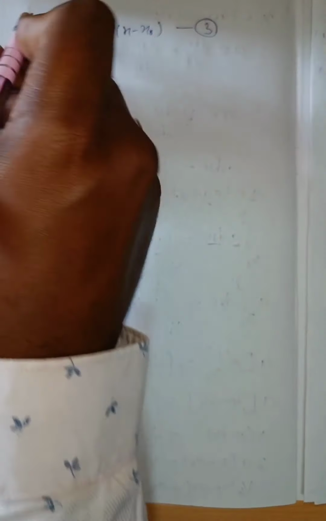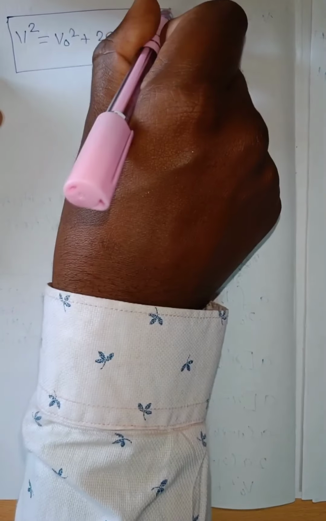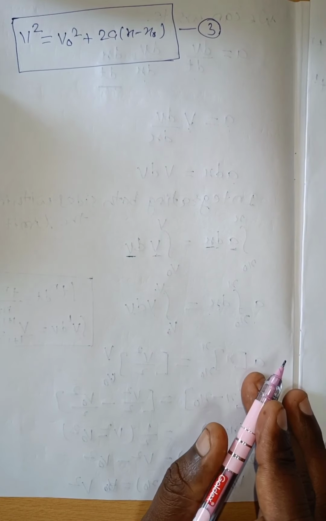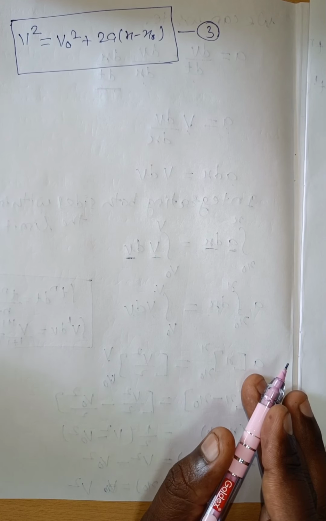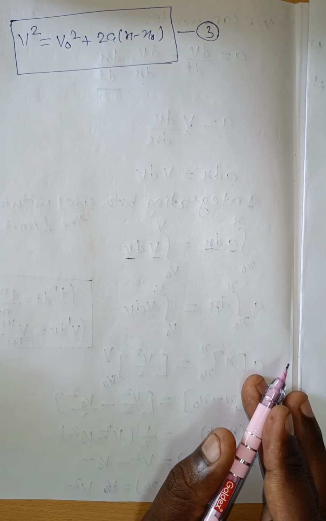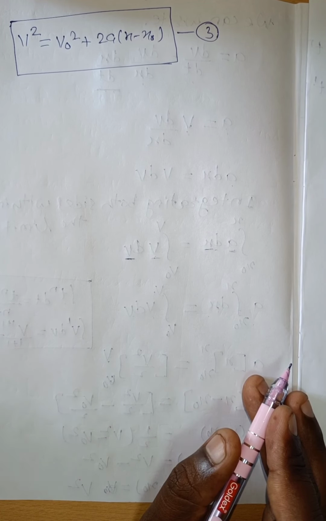Now this is the third equation of motion, or third kinematic equation. Means by using integration calculus we have found the three equations of motion, or three kinematic equations. Now today we have stopped here.